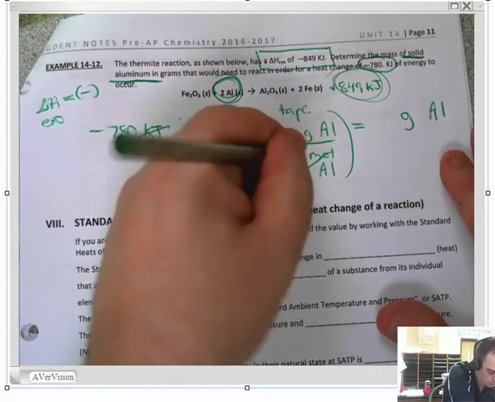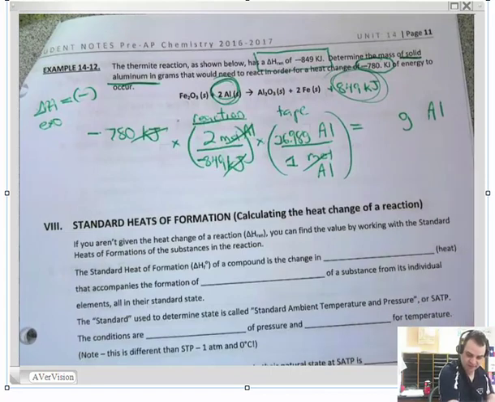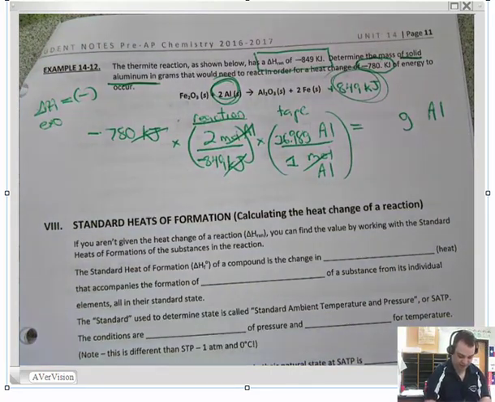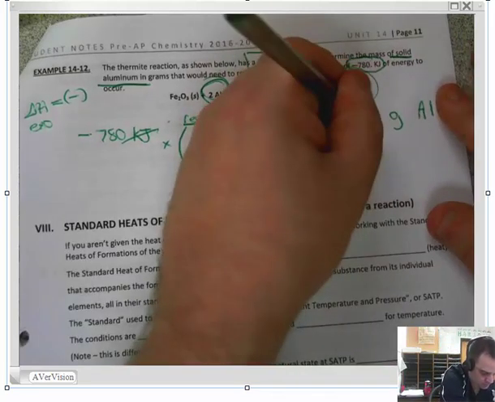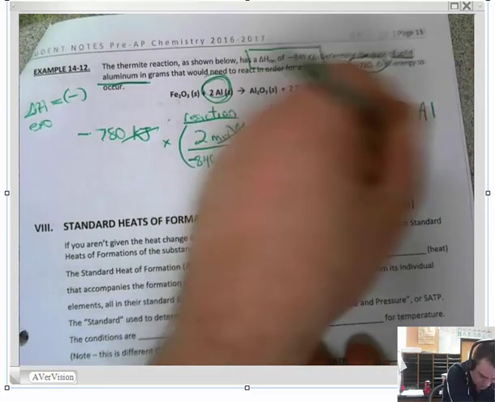Okay. 1 mole, 26.98 grams. I should solve this problem to make sure I get the right answer. And I get 49.6 grams of aluminum.